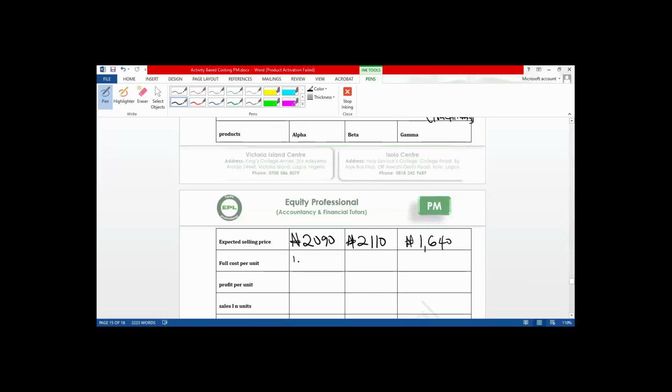Cost here is 1,781.25. Then 1,425. Then 791 points, point was 792.5.